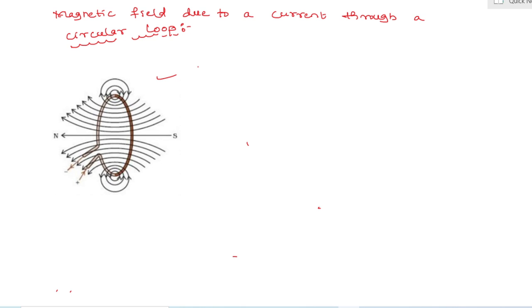At every point of a current carrying circular loop, the magnetic field is in the form of concentric circles around it. As we move away from it, the circles become larger and larger.